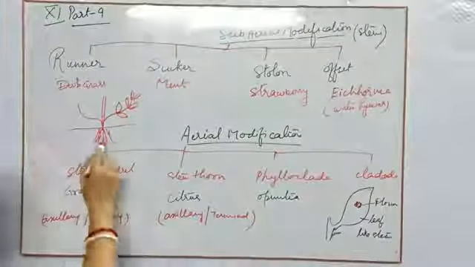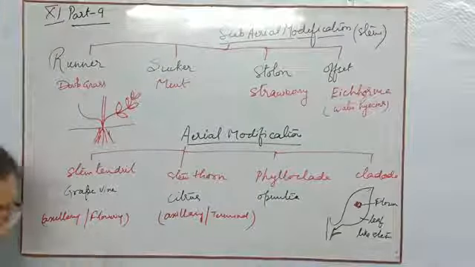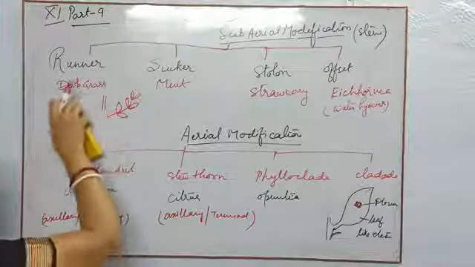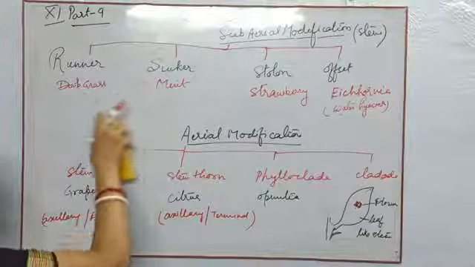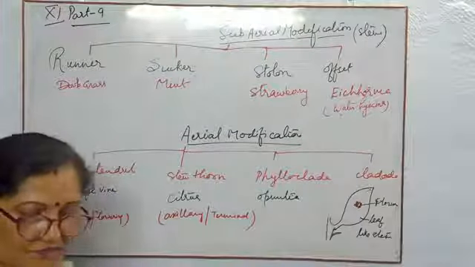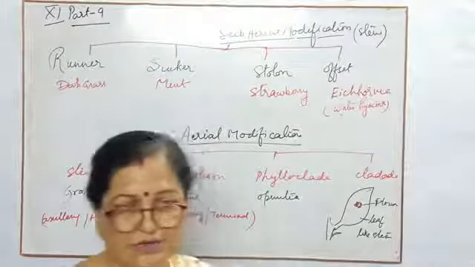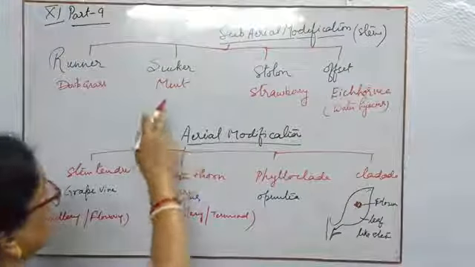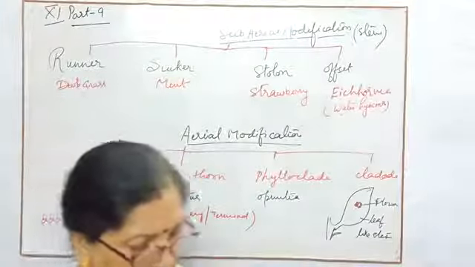So this is the mint, and the sucker belongs to the plants that first grow erect, then grow a little bit oblique or horizontal to the soil, and then grow erect.